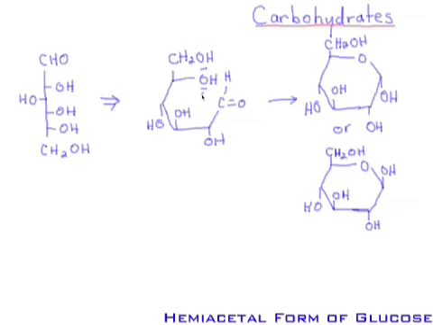When the OH attacks the carbonyl, this will produce a hydroxyl group, and it will yield a new chiral center. Because of this, the hydroxyl located at this chiral center could be pointing up or down. So when the hemiacetal forms, it creates a new chiral center with both possible stereochemistries.